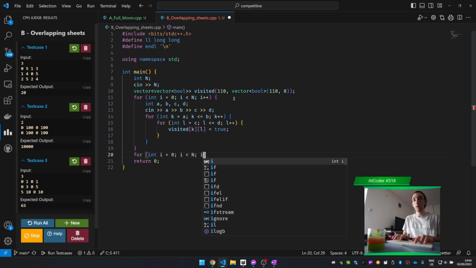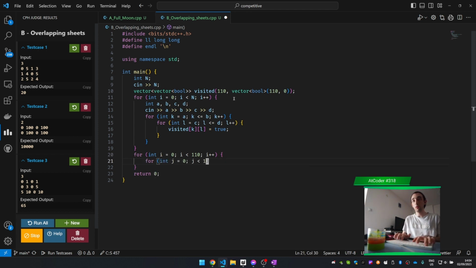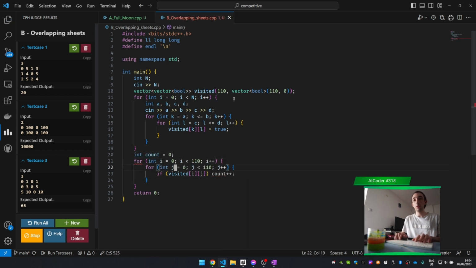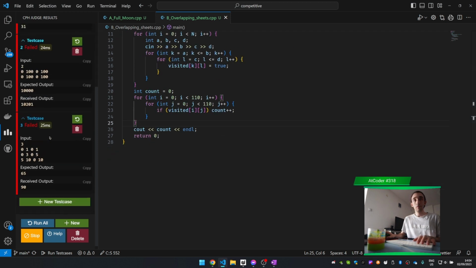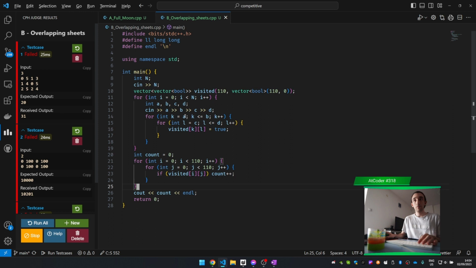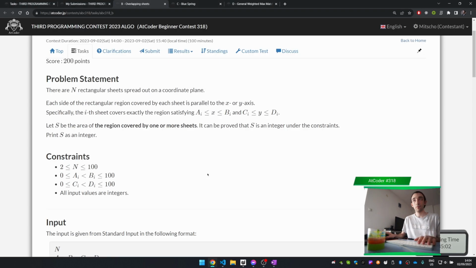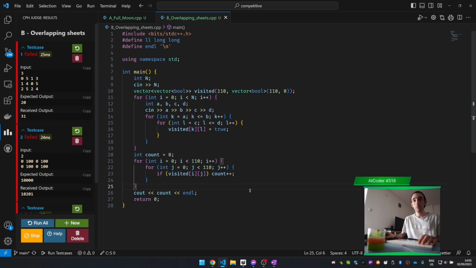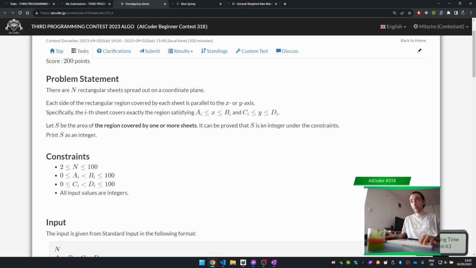And visited K, L is true from A to B, from C to D, right?